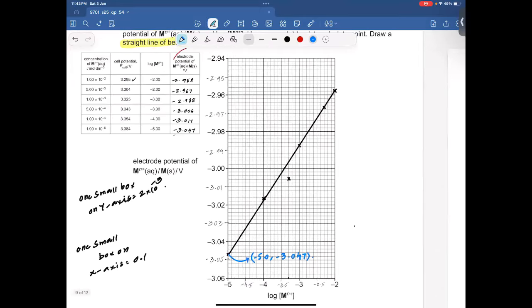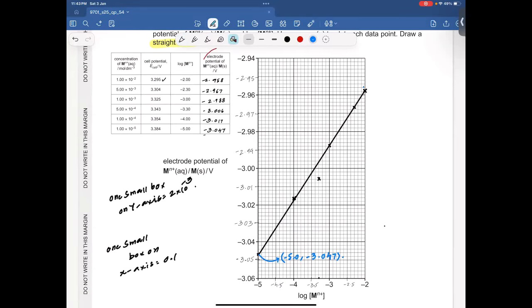And the second one is here. It's going to be minus 2.0 and then minus 2.958.